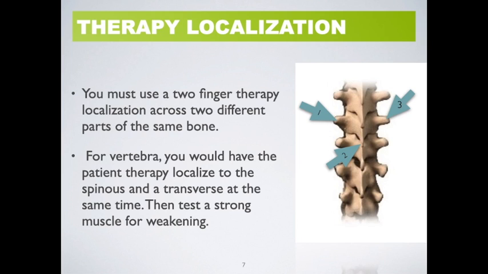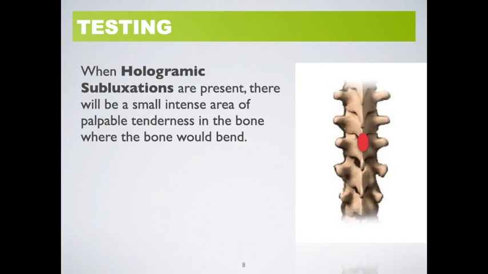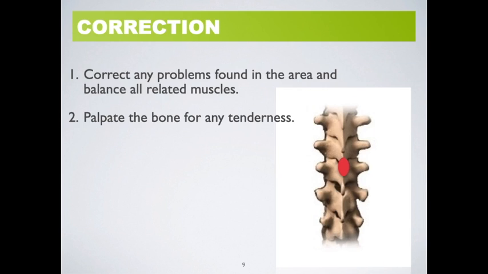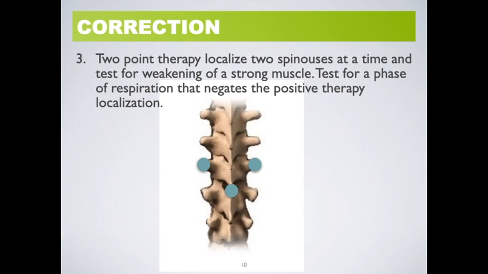Now, once we find that, that's the therapy localization part. Once we find that, and it's hopefully somewhat verified by the tender spot on the spine, then we correct by challenging, say, for example, the TP and SP away from one another, towards one another, and test for weakening.